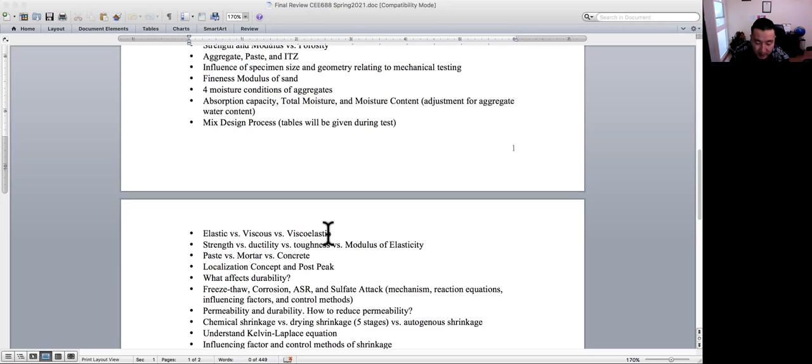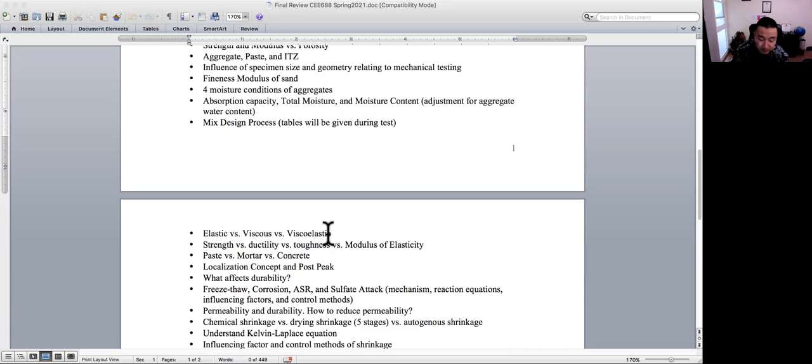And then paste versus mortar versus concrete. When we have aggregate, we will have more components: aggregate, paste, plus ITZ. Where the crack is first generated will control the pattern of the crack, the fracture, and also the final strength of the material.